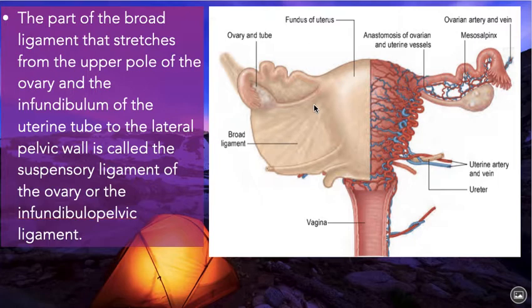Now, the part of the broad ligament that is stretching from the upper pole of the ovary and the infundibulum of the uterine tube to the lateral pelvic wall is called the suspensory ligament of the ovary or the infundibulopelvic ligament.